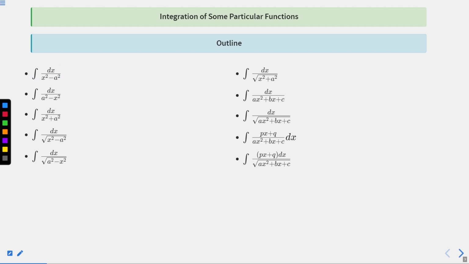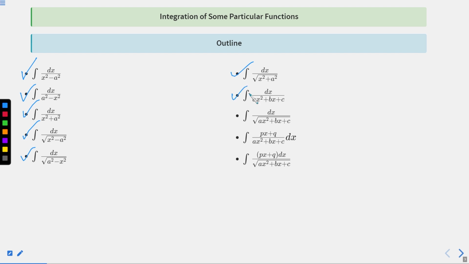If you have integration dx by x square minus a square form, then you can directly get your answer. The same goes if you have dx by a square minus x square, dx by x square plus a square, dx by root of x square minus a square, dx by root of a square minus x square, or dx by root of x square plus a square.